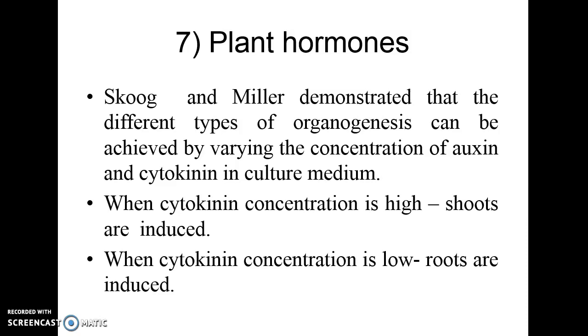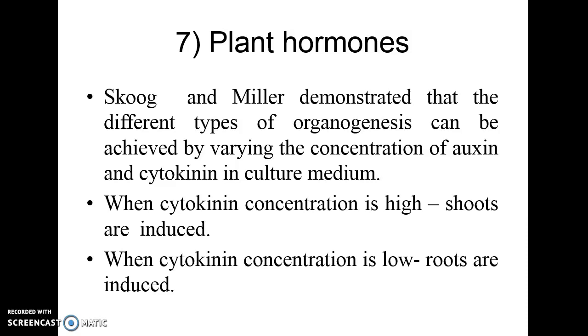So we have seen plant hormones in the history of plant tissue culture. Skoog and Miller demonstrated that different types of organogenesis can be achieved by varying the concentration of plant hormones. So what concentration are you going to vary? You are going to vary the concentration of auxin and cytokinin. When the cytokinin concentration is high, that means you add a low concentration of auxin.